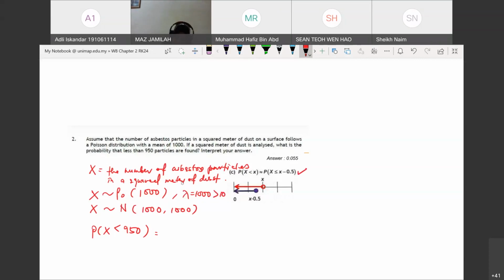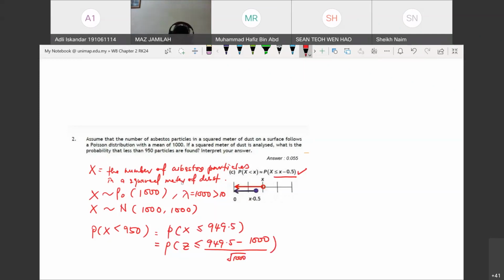For less than, it will be less than or equal to, minus 0.5. So P(x less than or equal to 949.5). Then we transform into standard normal: 949.5 minus 1000 divided by square root of 1000.